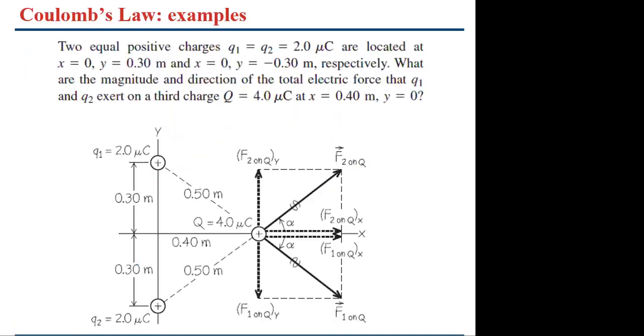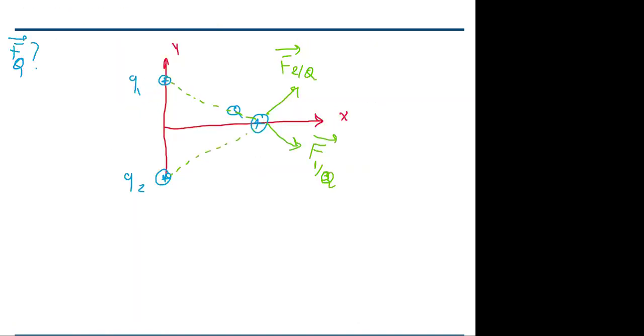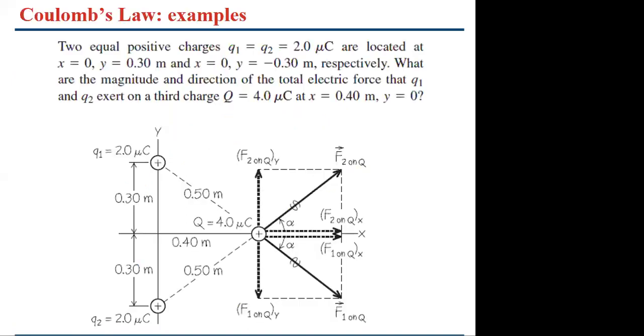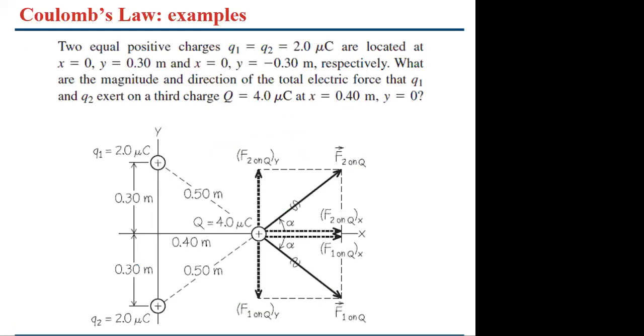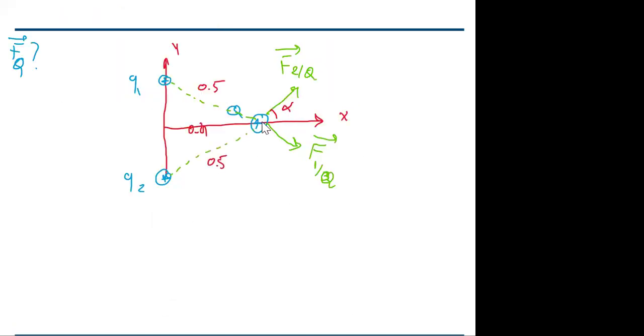He said the distance between the two charges is 0.5 meters, and the distance from capital Q to the origin is 0.4. This angle is called alpha or theta. This angle also alpha, and this angle also alpha. Good.